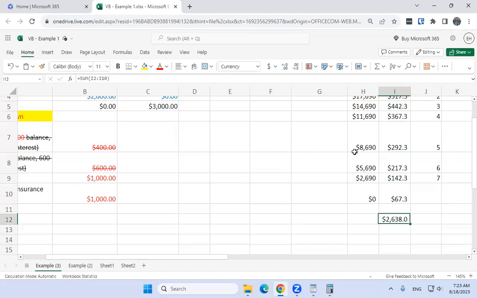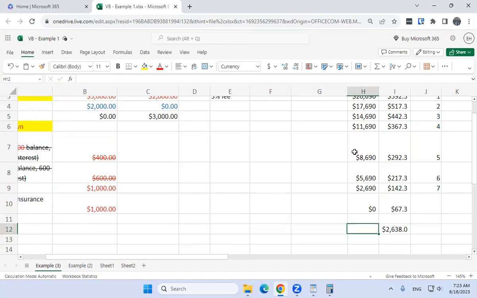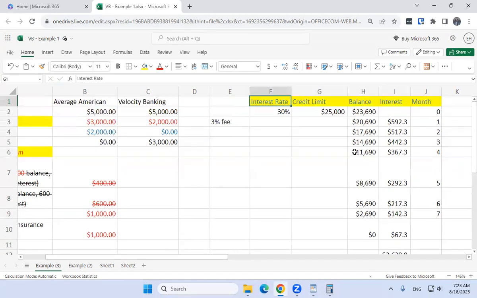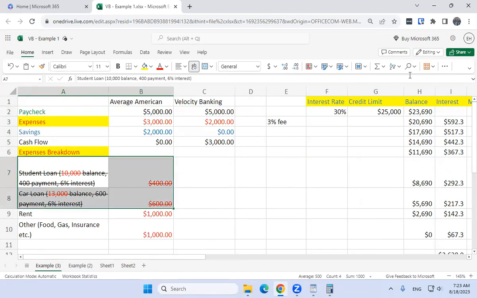Now it took us about $2,000 in interest to pay off the credit card, but we're able to do it within about 7 months, which is pretty good, right? So here's the thing. Ask yourself, for the average American, if they ever had, let's say, a student loan or a car loan like this, would they be afraid to use a 30% credit card to pay them off?